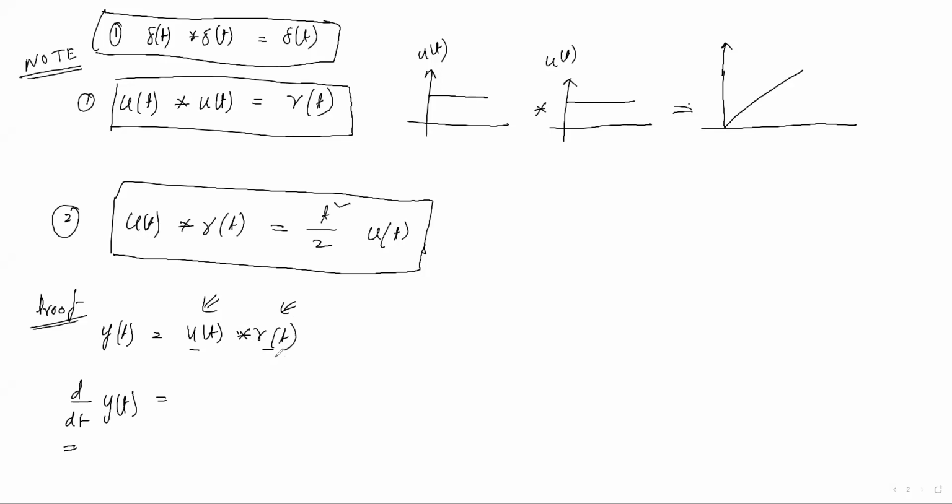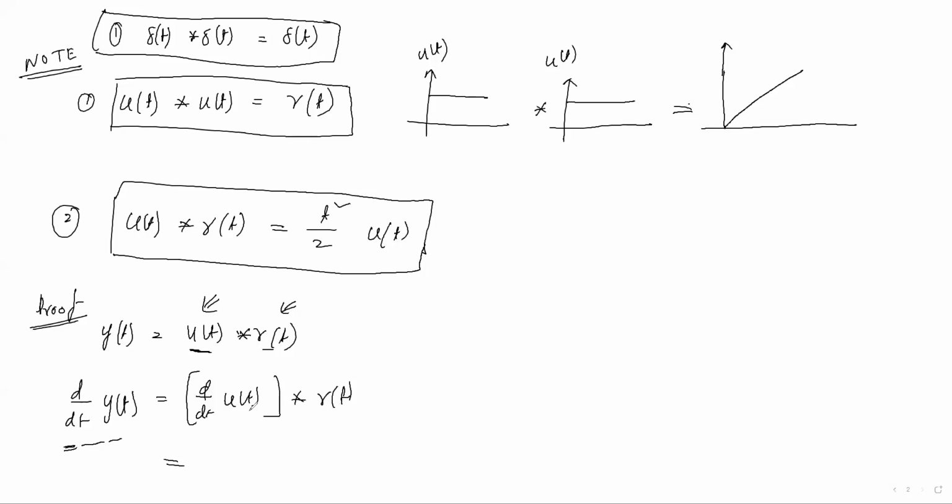What will become the delta function when we take the differentiation of U of t? If you take differentiation of y of t, the differentiation applies to only one of the signals, and the second one we keep as it is, because this is one of the properties.